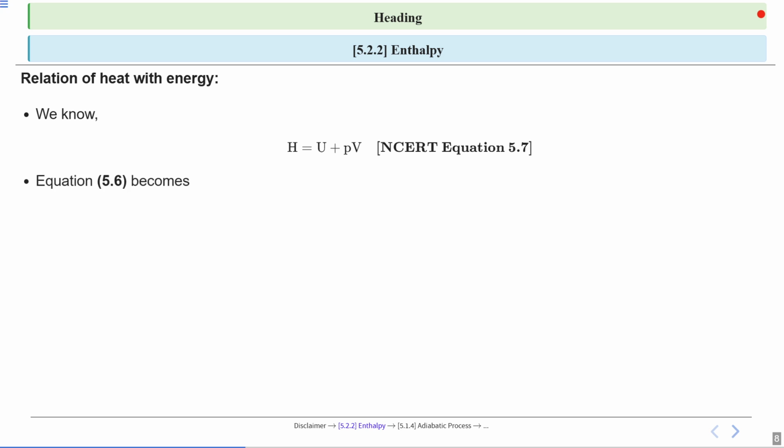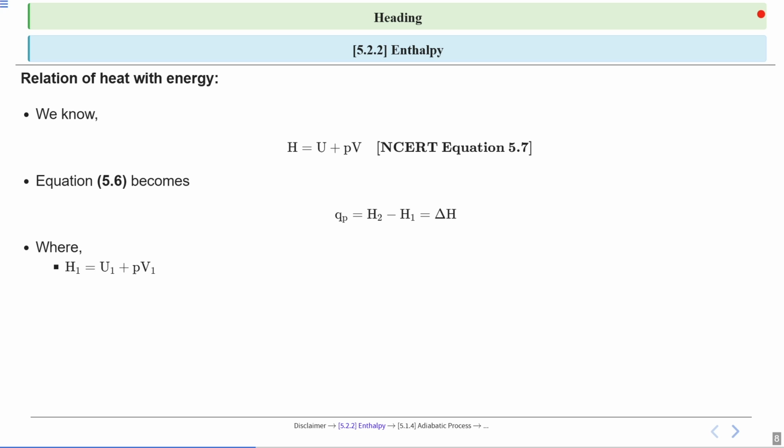Therefore, your previous equation becomes QP is equal to H2 minus H1. For U1 plus PV1, we have written H1, and for U2 plus PV2, we have written H2, so H2 minus H1 is delta H. These are the substitutions that we have done.